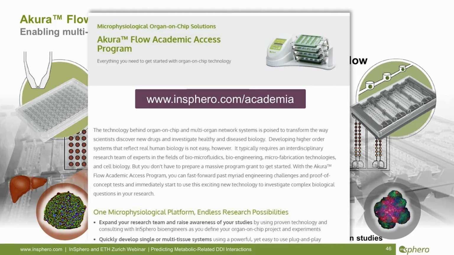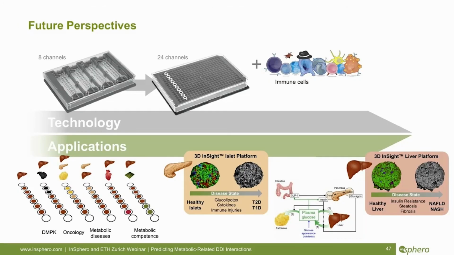With this, I want to share a couple of thoughts on the future perspective of our development. On the technology side, we will move the current Akura Flow system from the 8-channel version towards the 24-channel version, which includes that we transfer the plate format from the current chip version to a 384 plate version that allows to have more channels in parallel and therefore more replicates on a single plate.